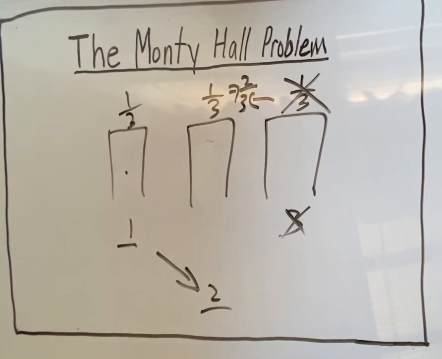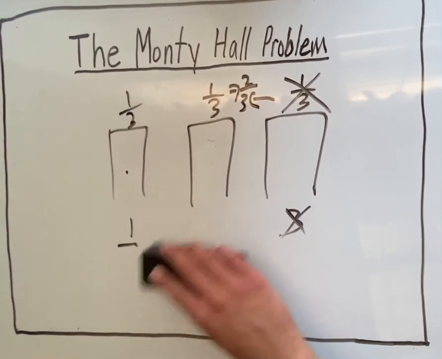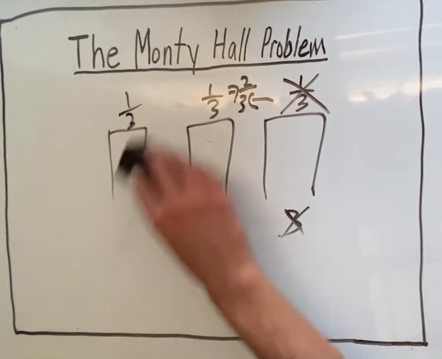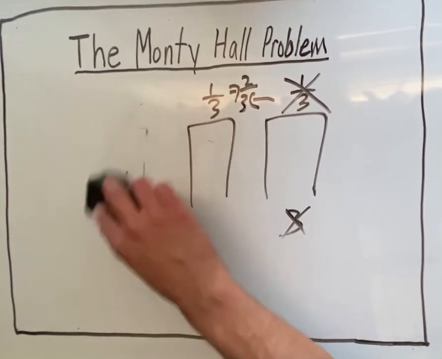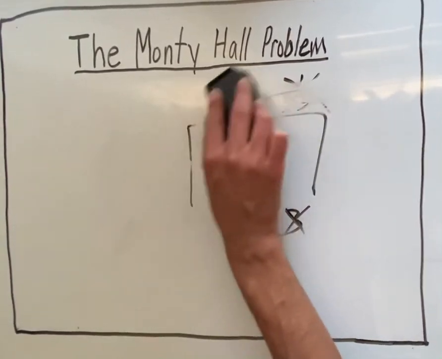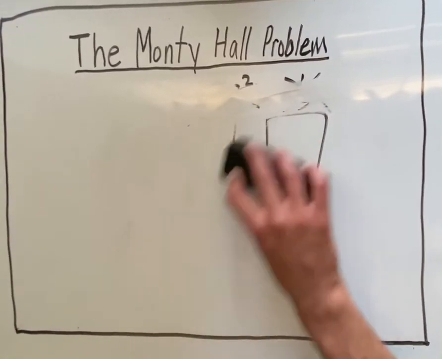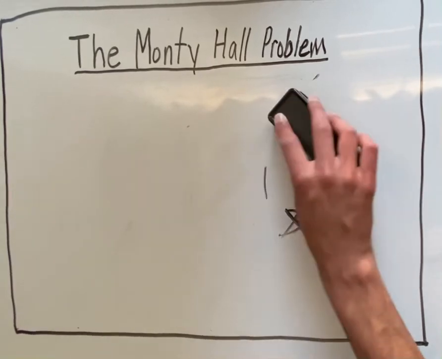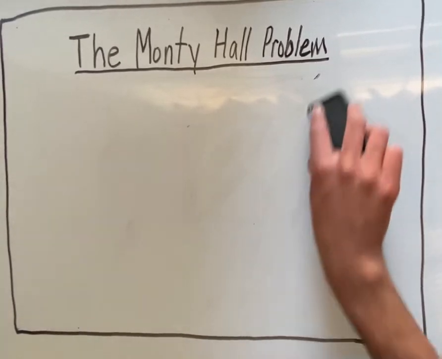And this is somewhat unintuitive, but I have a way of demonstrating this. And I think the unintuitive part of it is specific to this being a 3-door problem. So I'm going to now walk you through what this looks like if you have many more doors and show you that it's really quite intuitive, that it makes more sense to switch. So suppose instead of there being 3 doors, there are actually 1,000 doors.